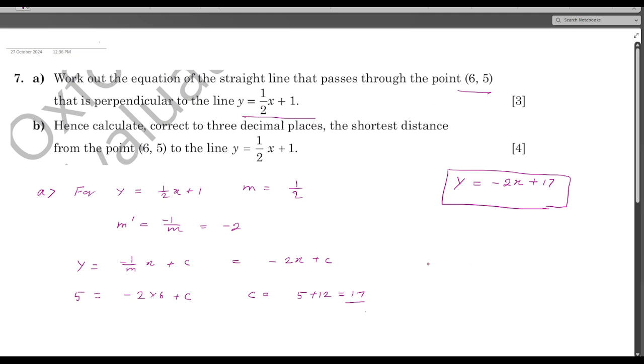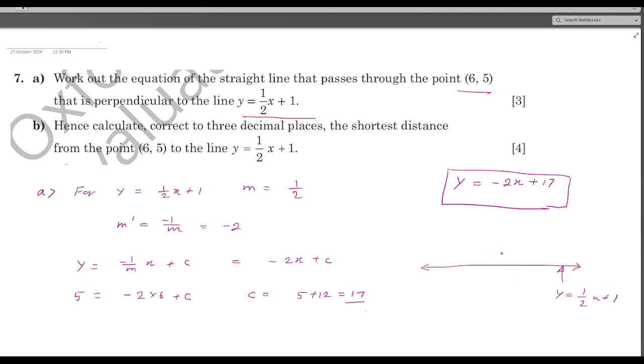Suppose this line is y = 1/2 x + 1, then the perpendicular line passing through (6, 5) is a line like this, with equation -2x + 17.